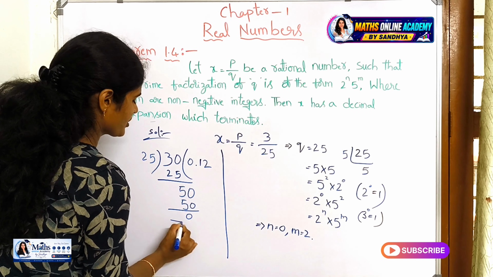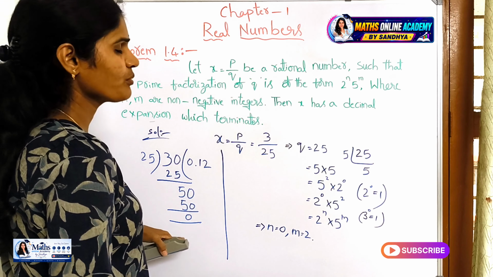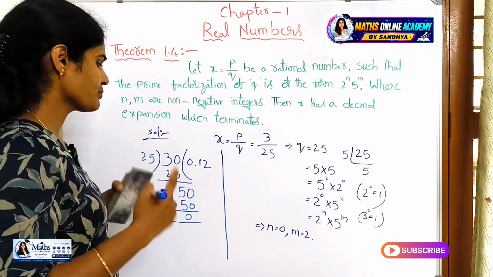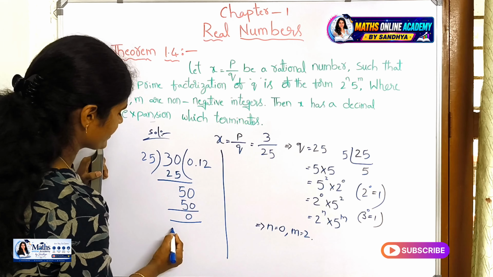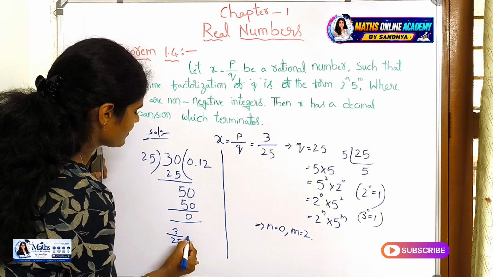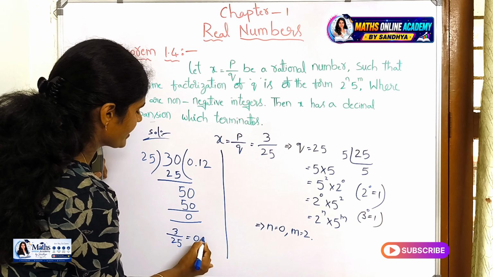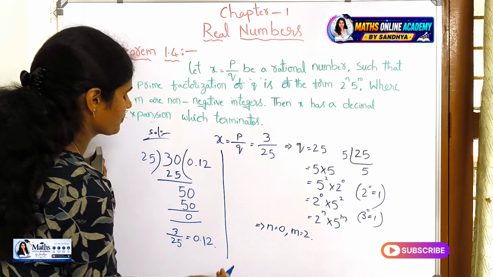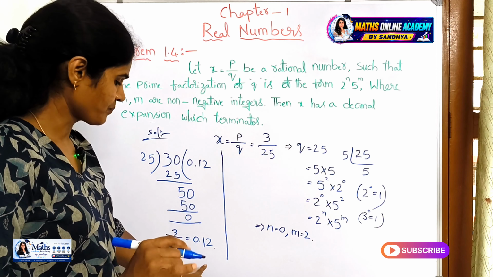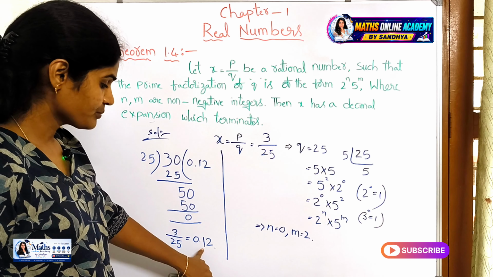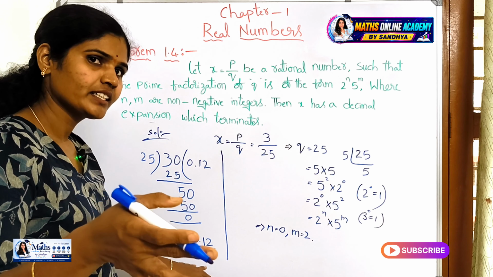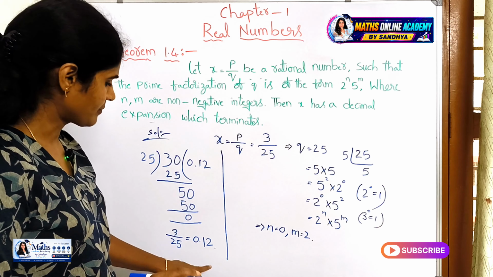Here the remainder became 0, which means the decimal expansion is terminated. So 3 by 25 equal to 0.12. This is the decimal expansion, that is, it terminates. A decimal number that ends with a finite number of digits is called a terminating decimal number.